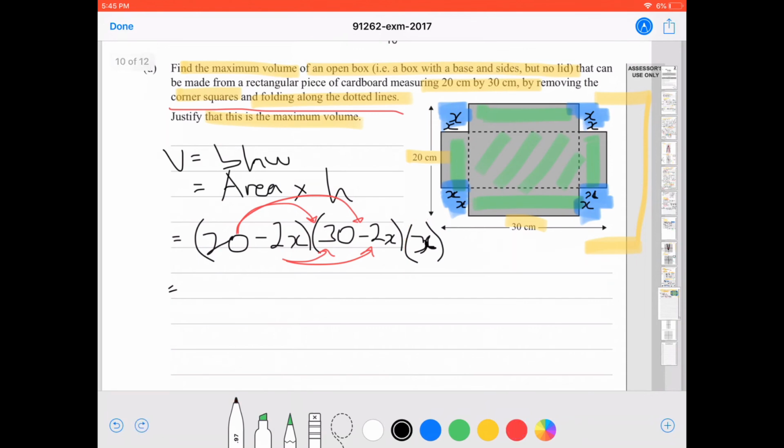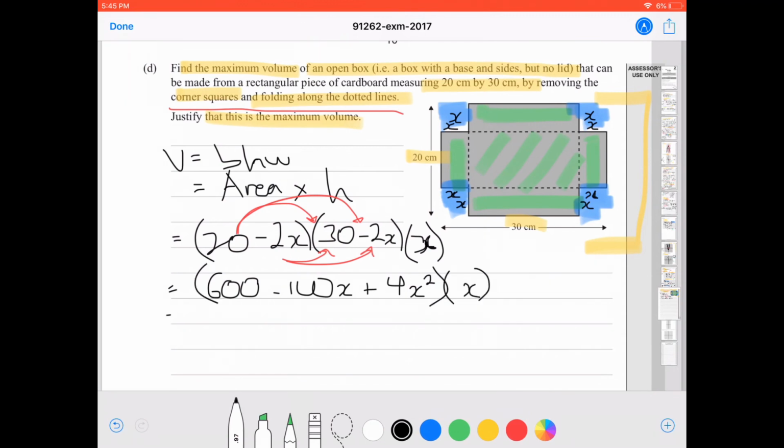So we've got 20 times 30 is 600. And what have we got? Minus 40x minus 60x is minus 100x. Plus 4x squared. This is still inside brackets because it's being multiplied by x.